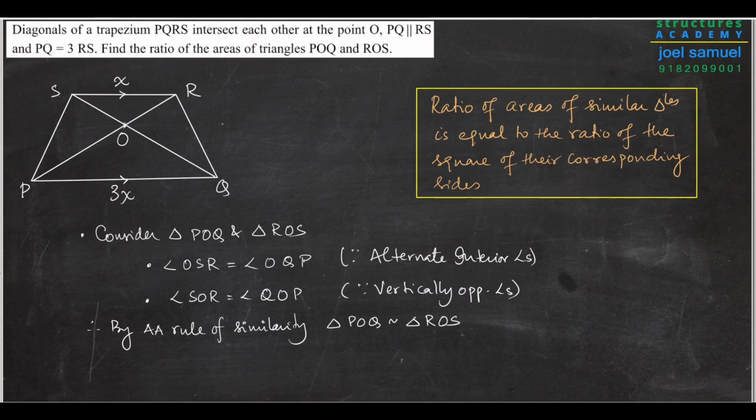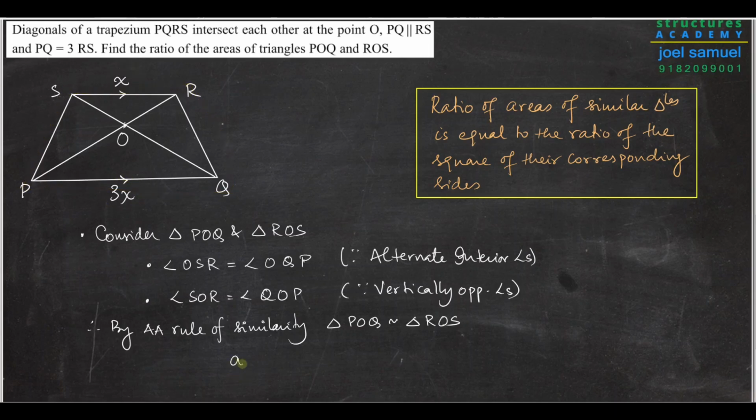But that is not what we have been asked to find out. We've been asked to find out the ratio of the areas of these two triangles. By this theorem, we know that the ratio of the areas of similar triangles is equal to the ratio of the square of their corresponding sides. Now, we do not know numerically what these sides are, but we do know the ratio. One is x and one is 3x.